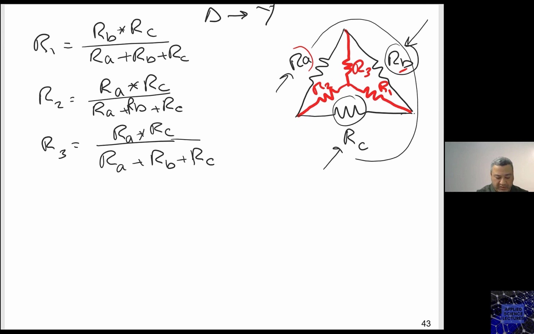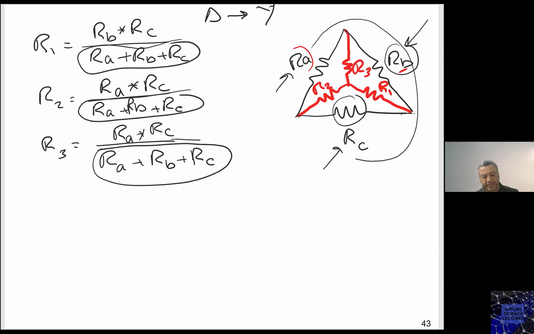Now notice that the denominator is the same for all of them. After you do this, you can delete the delta, and you have now your new circuit. We're going to see this in an example.